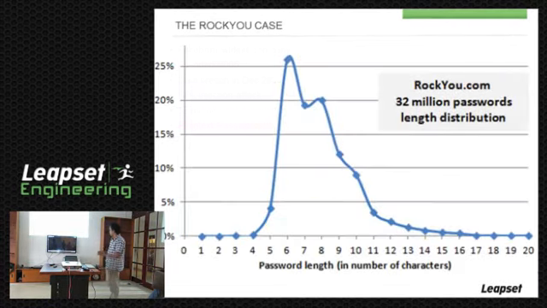So we have some interesting data by analyzing their password list. This is the password length. 25% of those passwords were about 6 characters long. 20% were about 7 characters long. This is how the password lengths are distributed.